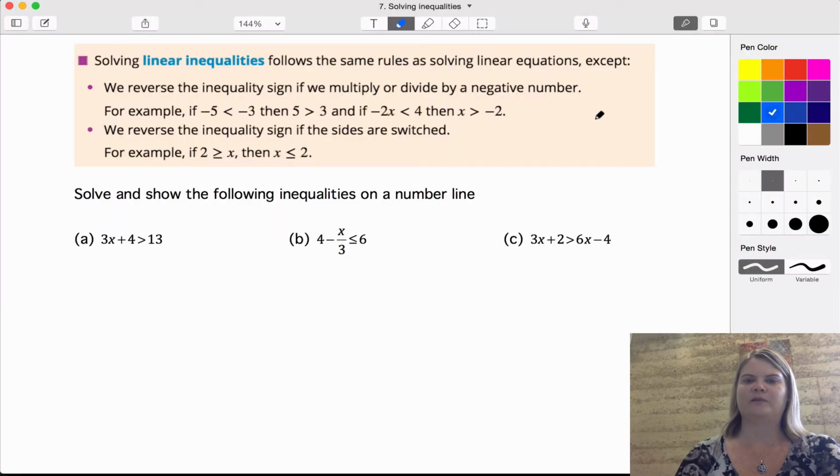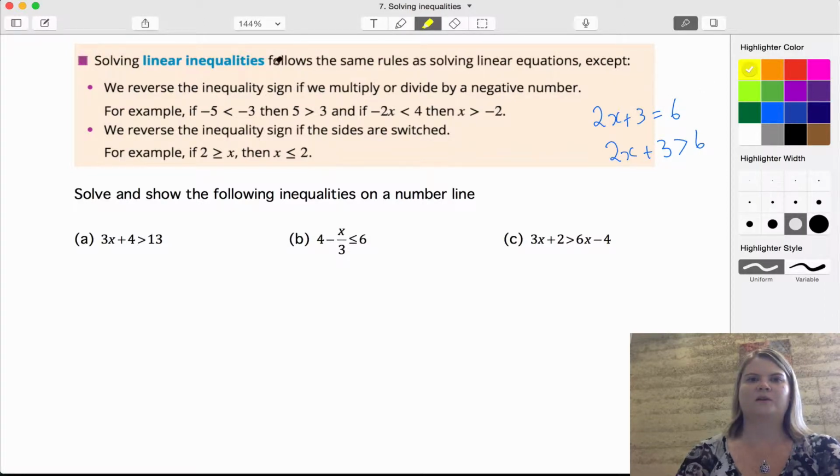Now previously we've been looking at solving equations that look like this with an equal sign in them, and all we're going to do is change it around to now have an inequality sign in there. When you do this, you can mostly follow the same rules that you do when you're solving normal linear equations.